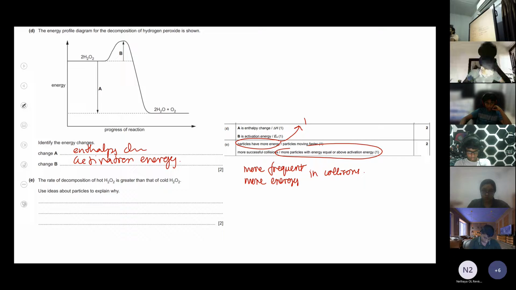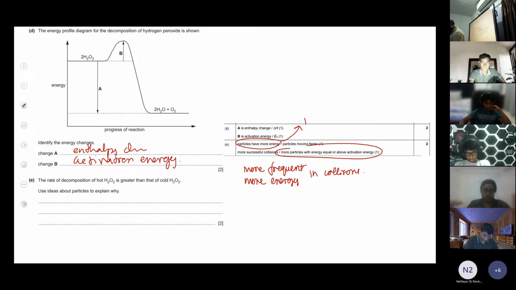Now, please do not learn mark scheme answers by heart. The mark scheme answer is just a guide for marking. Teachers can read it, but don't learn from mark schemes. Don't study from the mark scheme. Study the theory. More kinetic energy.